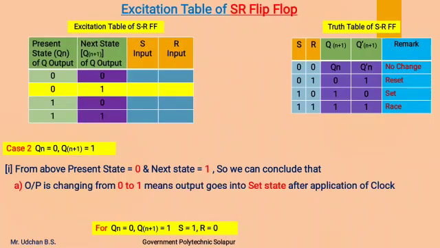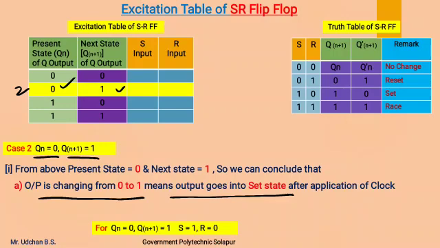Now we will see the second case, in which the present state is 0 and the next state is 1, that is Qn is 0 and Qn plus 1 is 1. From that we can say that the output is changing from 0 to 1, meaning the output goes into the set state after the application of the clock pulse.